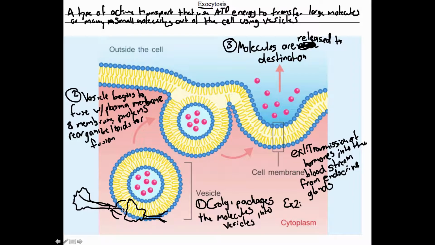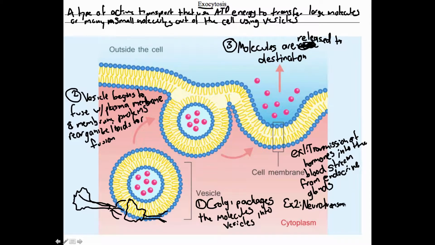In order for the neurotransmitters to be released and float across the synapse to hit the next neuron, that's where exocytosis comes in. As soon as the electric signal reaches the axon terminals, the signal causes the axon terminals to release the neurotransmitters in vesicles towards the plasma membrane and then get released to the synapse in between. They'll float across, hit the dendrites of the next neuron, and start the electric signal all over again.